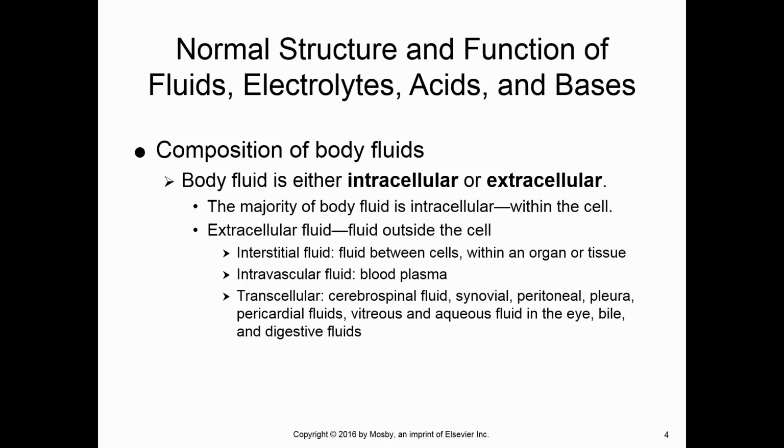And then the transcellular, which there's a few places for it. So that's your spinal fluid, the fluid in your pleura and pericardial membranes, the fluid of your eye, digestive juices.